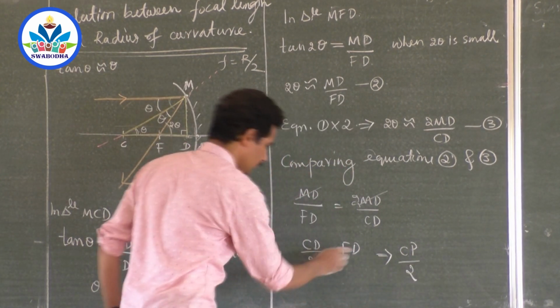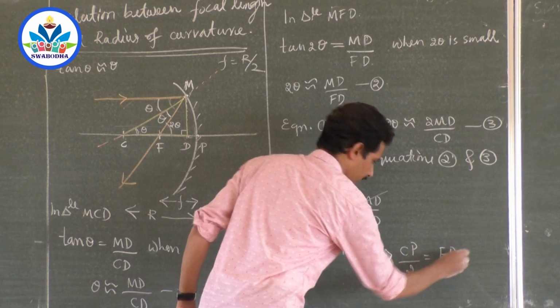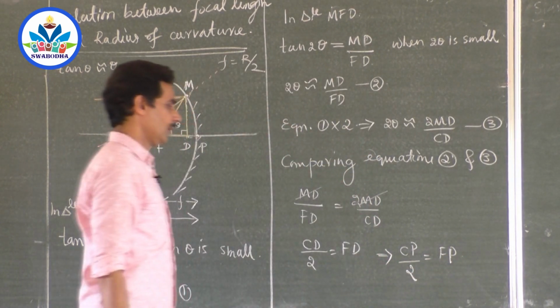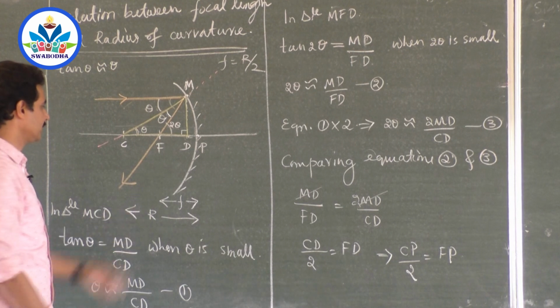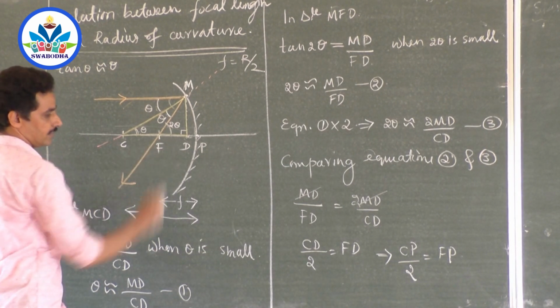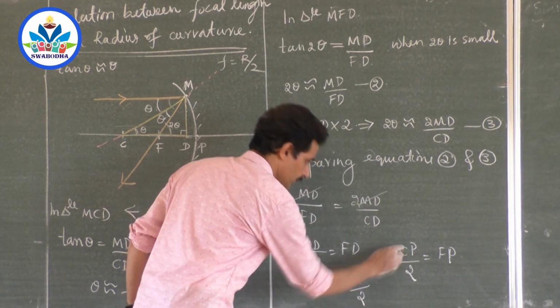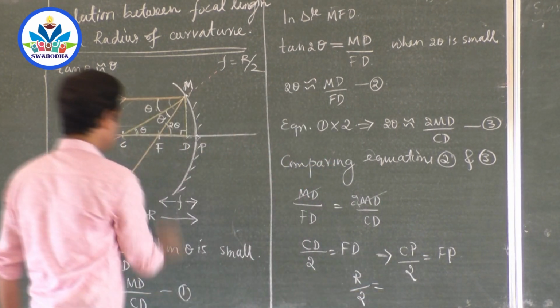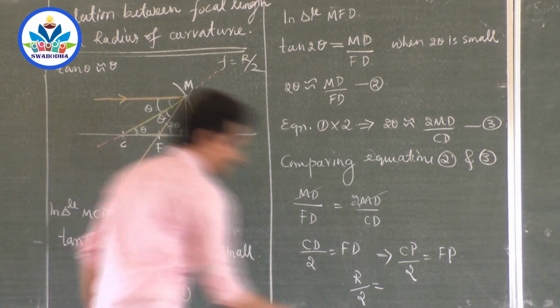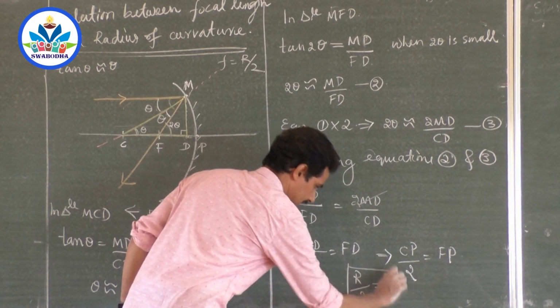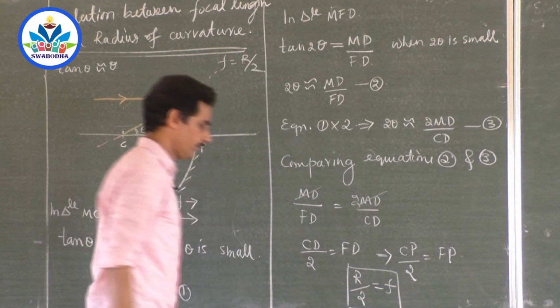So CP by 2 equals FP. Now what is CP? CP is nothing but the radius of curvature. So CP is R. What is FP? It is the distance from the pole to the focus, that is focal length. So this is the derivation. So F equal to R by 2.